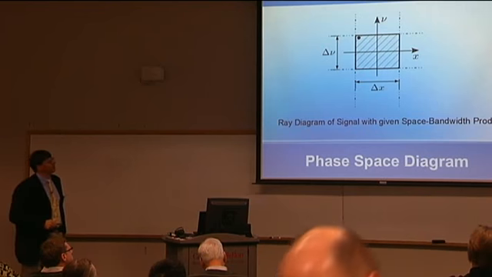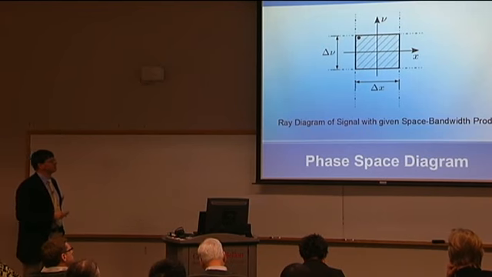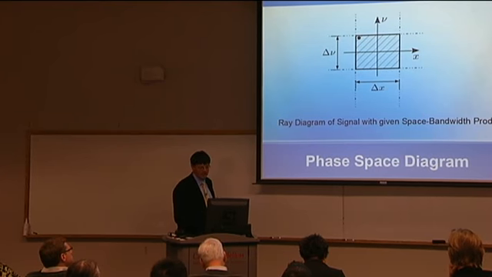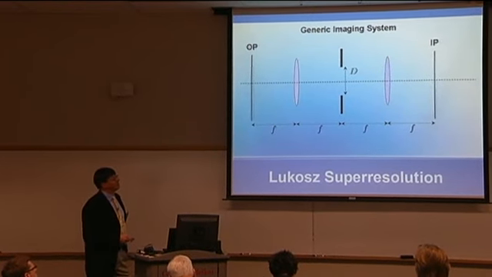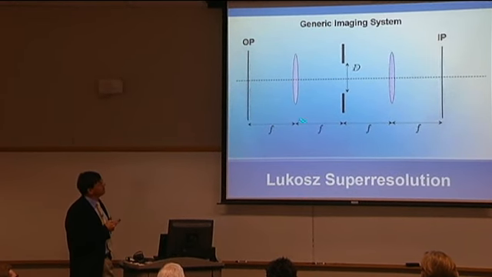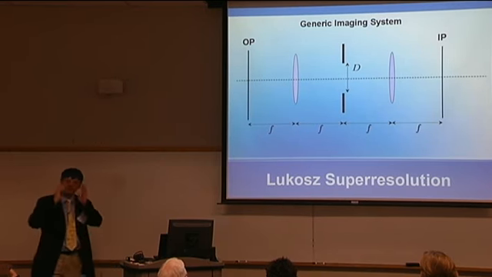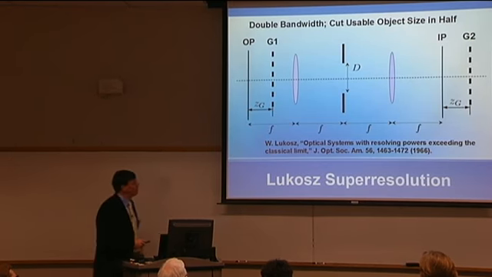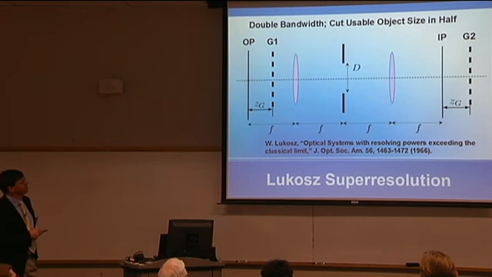There's one example that dates back to his paper, or is already in his paper. If we think about a phase space area that we want to squeeze through this type of generic imaging system, so this aperture here limits the bandwidth that we have. And now what we want to do is double this bandwidth.